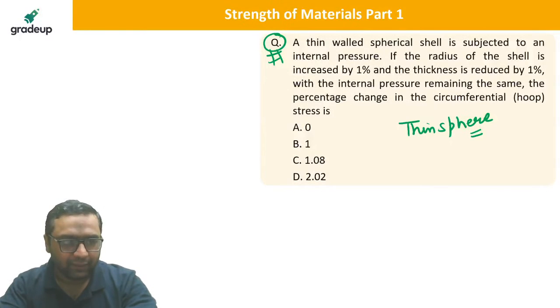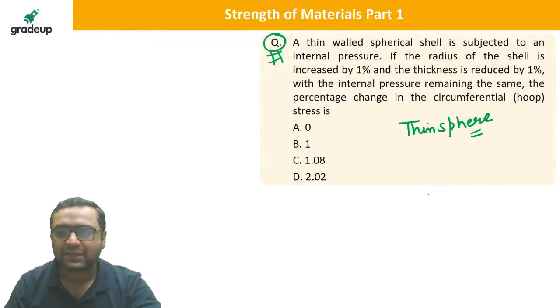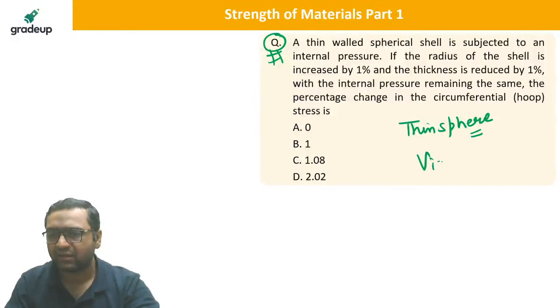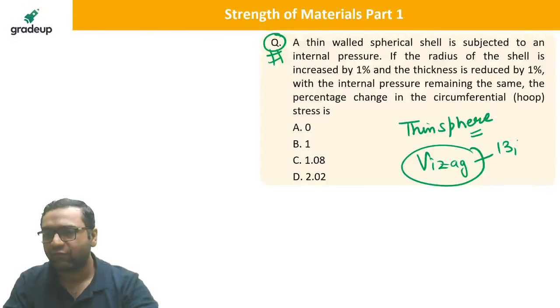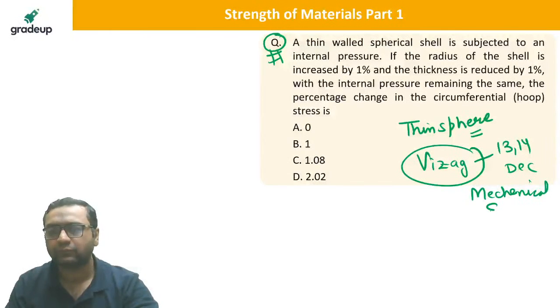Morshid is saying B. Amit, this is the class going on for Vizag, as the Vizag paper is there on 13th and 14th December. This is for mechanical engineers. The class is going on.